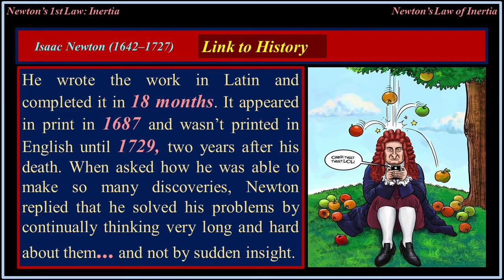It appeared in print in 1687 and wasn't printed in English until 1729, 2 years after his death. When asked how he was able to make so many discoveries, Newton replied that he solved his problems by continually thinking very long and hard about them, and not by sudden insight.